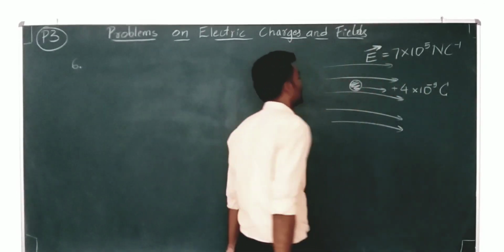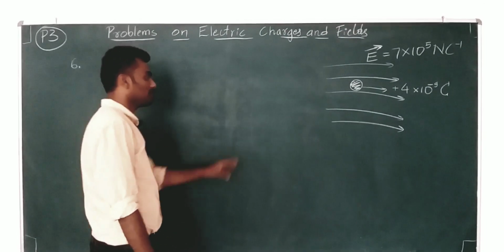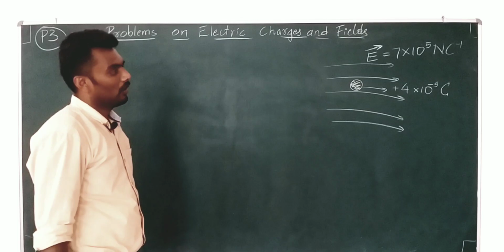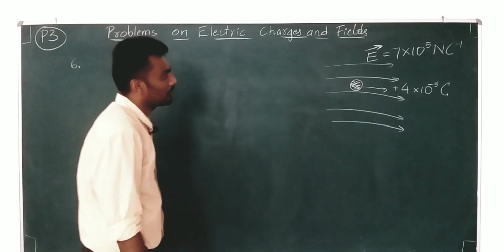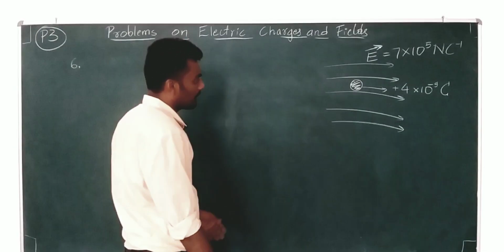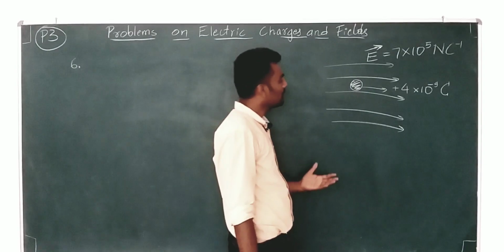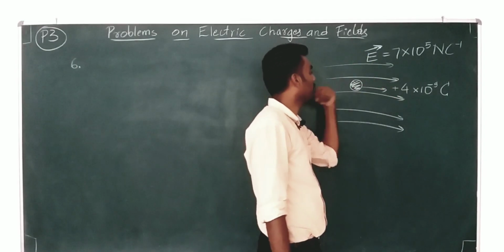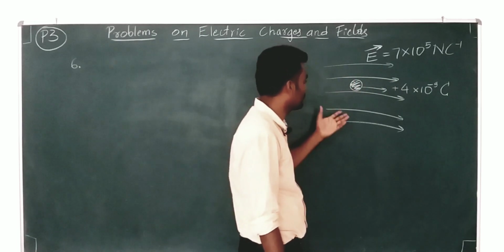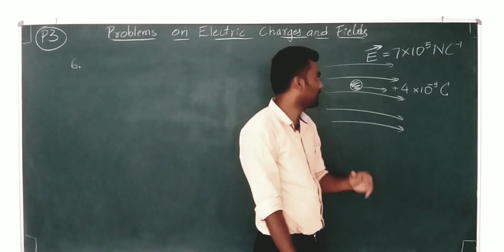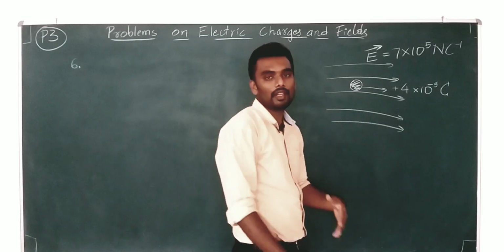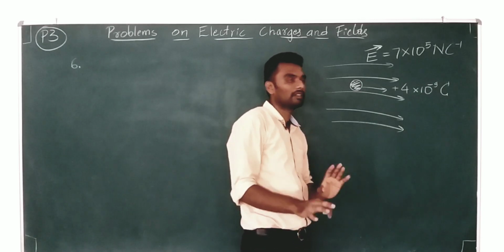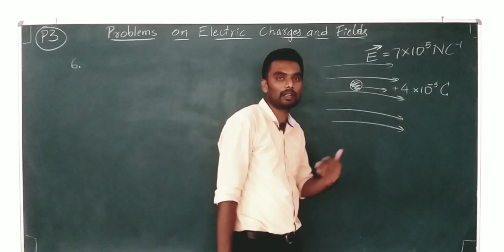This is the amount of charge kept, and that is the field in which the charge is kept. Obviously, the direction of force, since we ourselves have assumed that the electric field is in this direction, because it might be in the opposite direction, it's not that important. The direction of electric field is not important as far as this problem is concerned, because they have not mentioned anything regarding the direction of field, so we can choose our random direction.